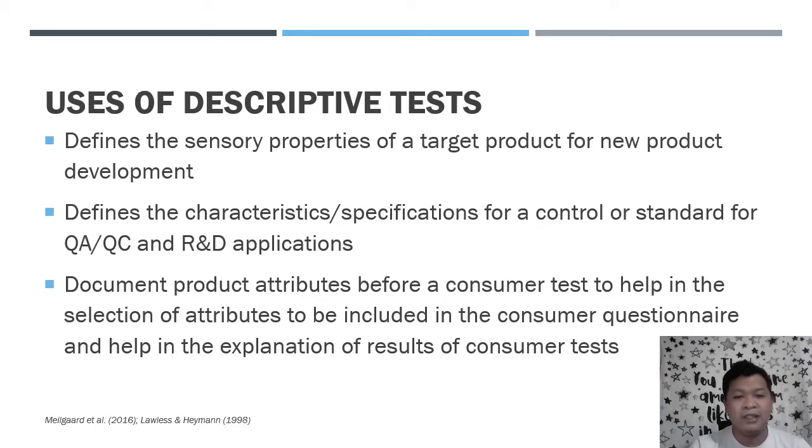color and so on? Lastly, you can use it to document product attributes prior to a consumer test so that you can help in the selection of attributes to be included in the questionnaire. So kapag ikaw gumagawa ng consumer test questionnaire, isipin mo, descriptive test yan, analytical test, anong kinalaman niya sa consumer test?